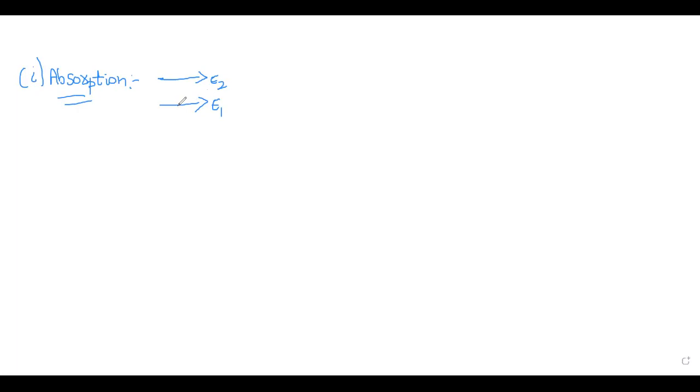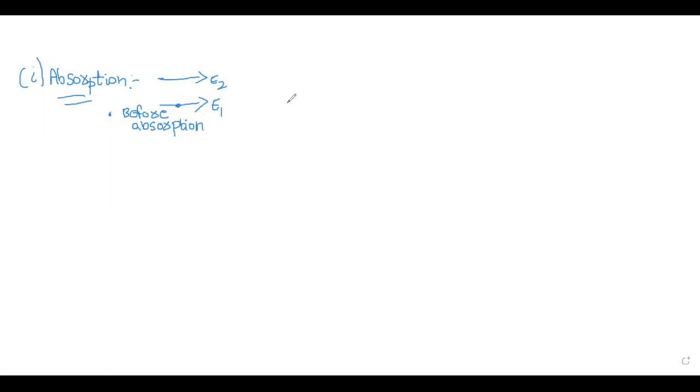Now, let us consider an atom residing at the ground state energy level E1. This atom is considered to be the atom before absorption of the laser light. Before absorption, the dot here resembles the atom.